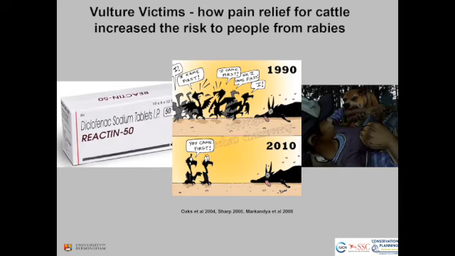So the toxin goes into the vultures. That caused, in some areas, a 99% die-off. And then from a systems level, what other species could potentially fill that ecological niche? Unfortunately, in many areas, it turned out to be feral dogs, and they carried rabies. So what a DRA can help track and fill the data gaps on is how pain relief for cattle can increase the risk of people getting rabies.